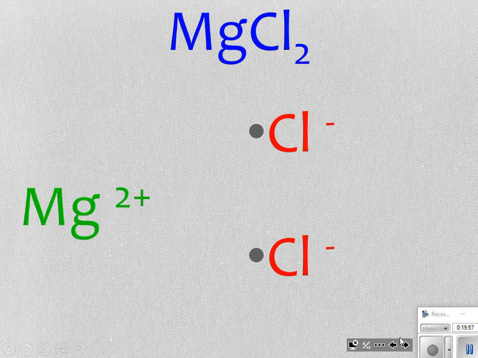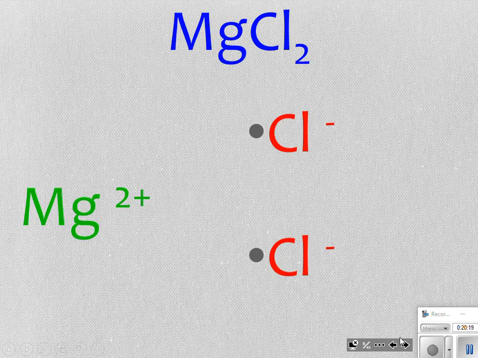So do you see how bonding relates to these binary ionic compounds? We can see how the electron dots, the Lewis structures, relate to the naming. So this is magnesium chloride.